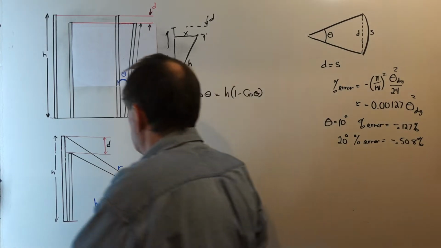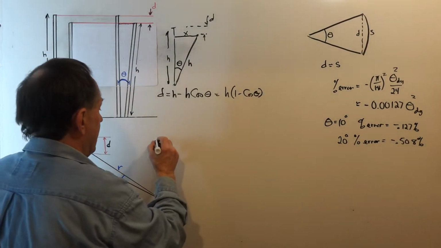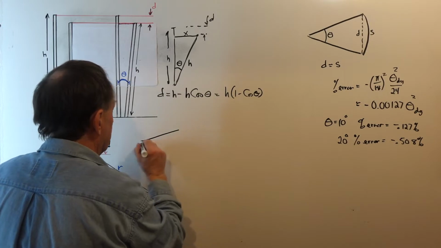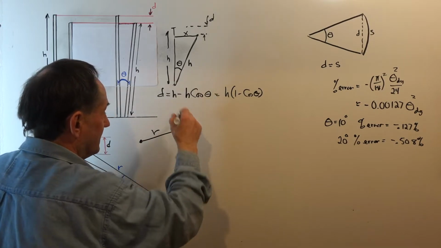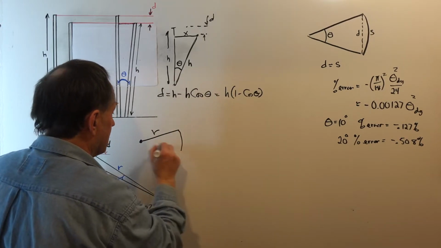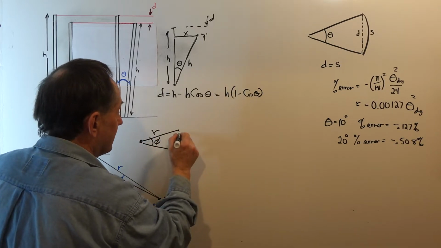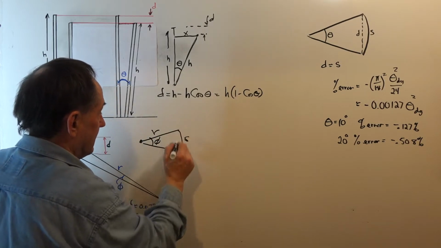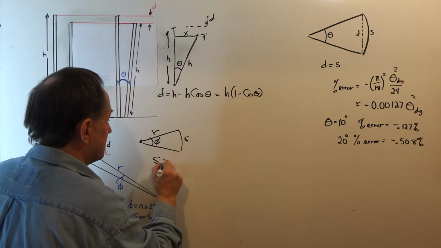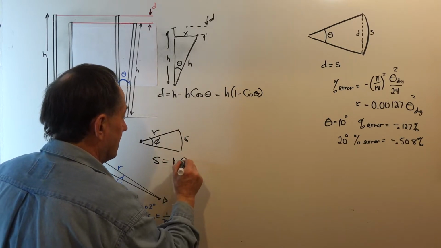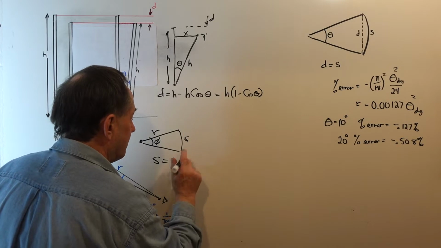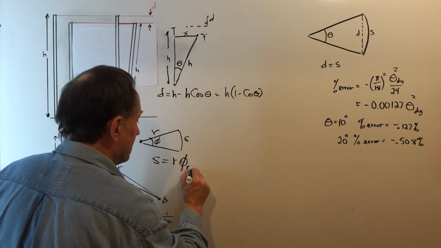Well, the relationship is whenever you have a length r and you sweep out an angle, say called phi, you sweep out an arc length s, and the relationship is s equals r phi, where phi is in radian measure.